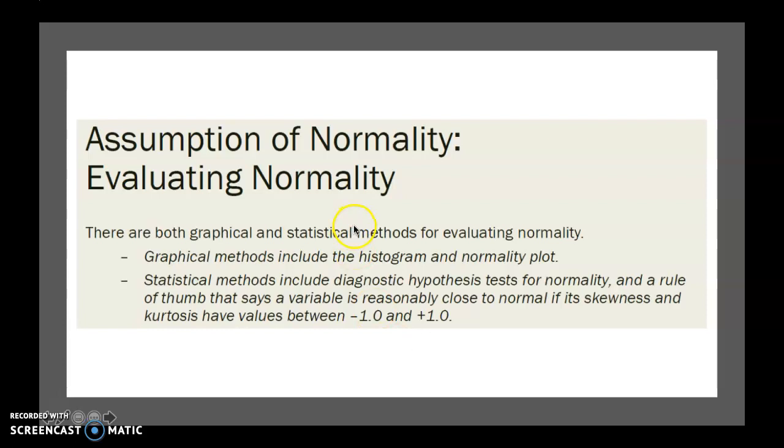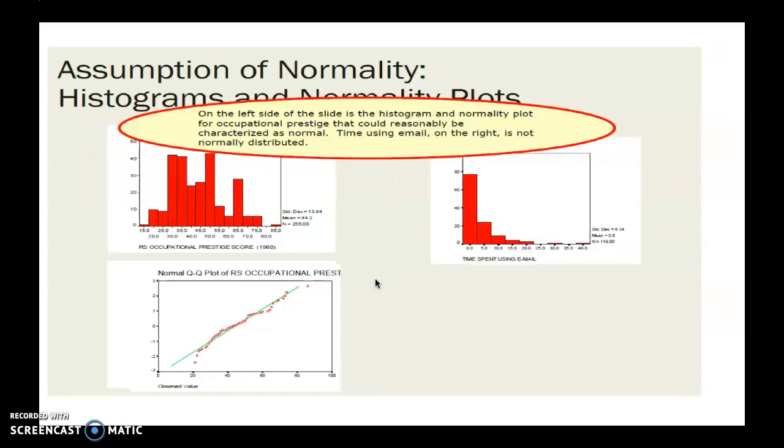Now, assumptions of normality and evaluating normality. There are both graphical and statistical methods for evaluating normality. Graphical methods include using a histogram and a normality plot. Statistical methods include diagnostic hypothesis tests for normality and a rule of thumb that says a variable is reasonably close to normal if its skewness and kurtosis have values between -1 and +1. In some cases, you can use -2 to +2.